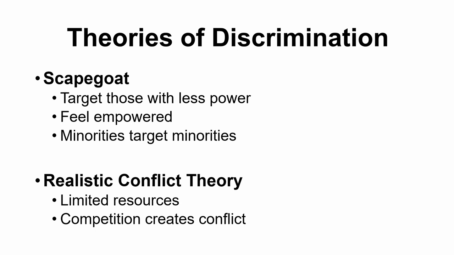They get to feel more powerful. And we even see a lot of situations where minorities, individuals who might be the target of discrimination themselves, might target other minorities because it helps them feel less discriminated against or less loss of power because they have power over something.